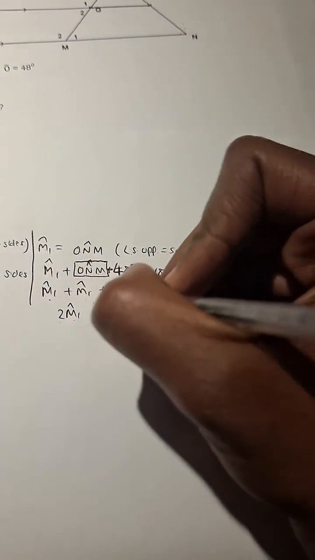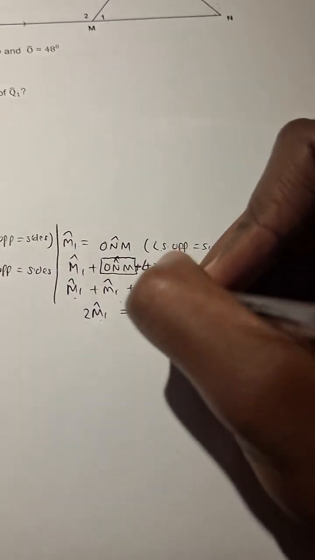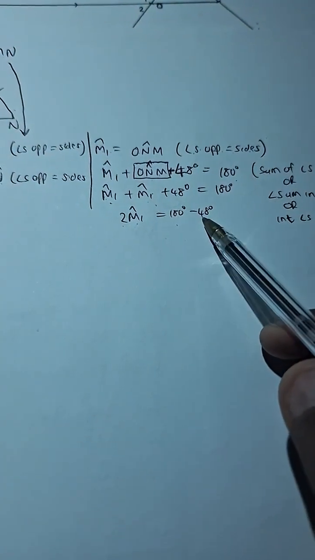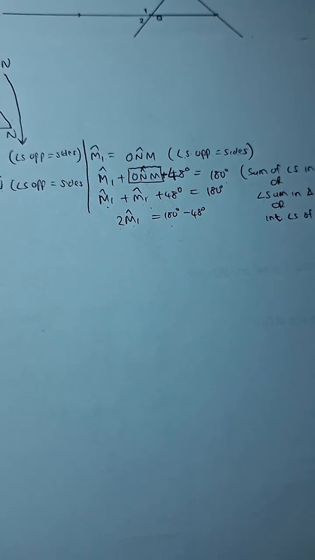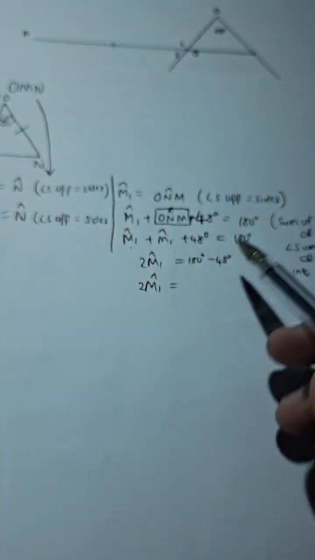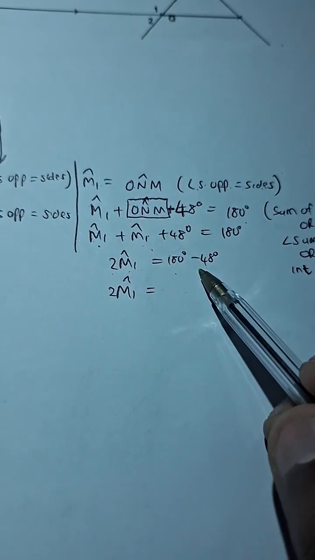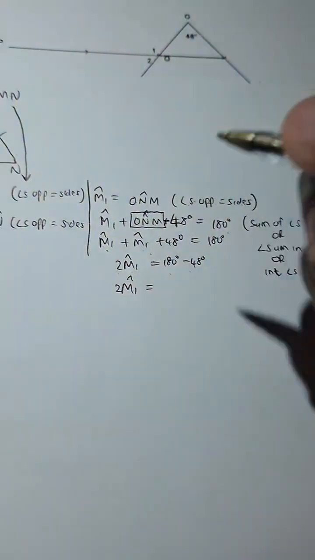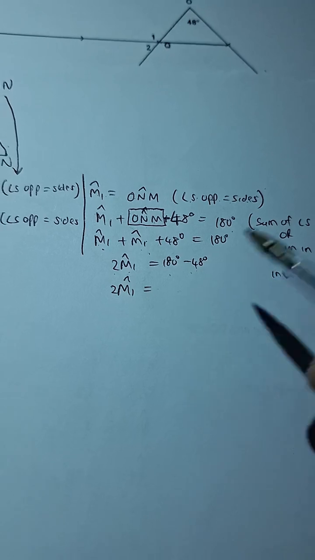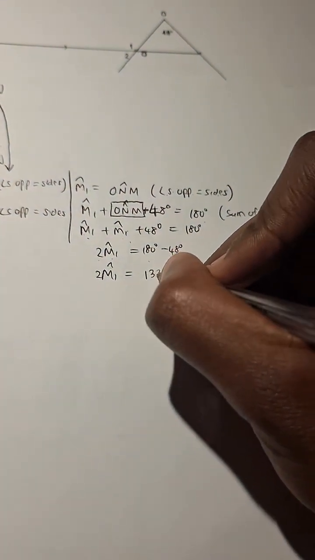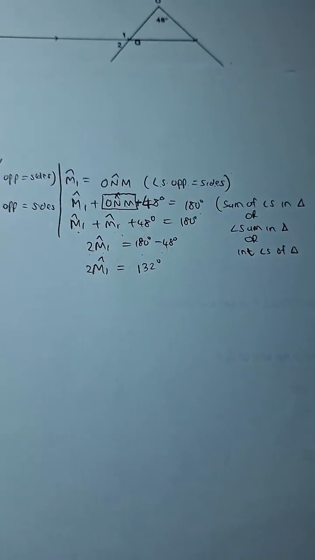Then I transpose the 48 degrees. I take the 48 degrees over to the other side. It becomes 180 minus 48. Okay, then 180 minus 48 degrees gives me what, guys? That gives me 132 degrees.